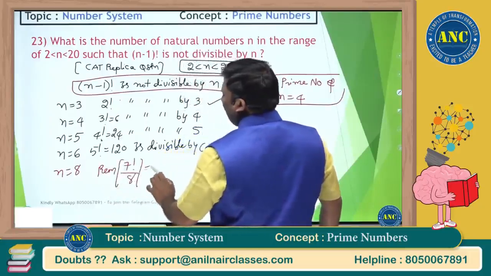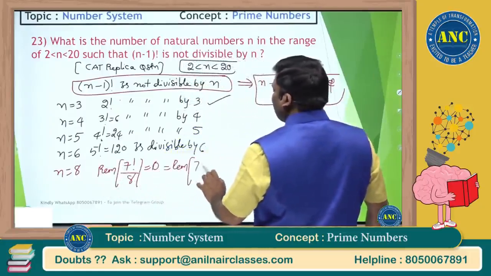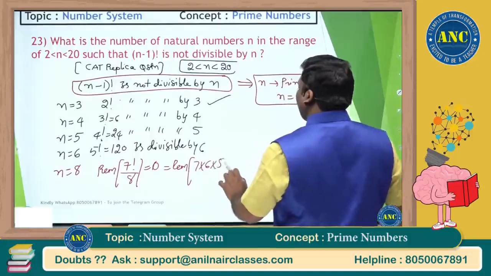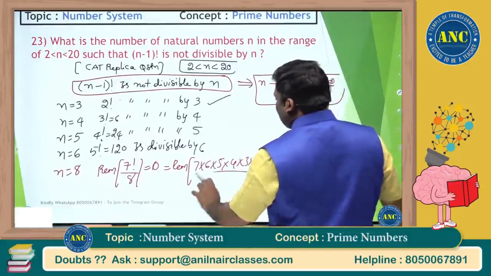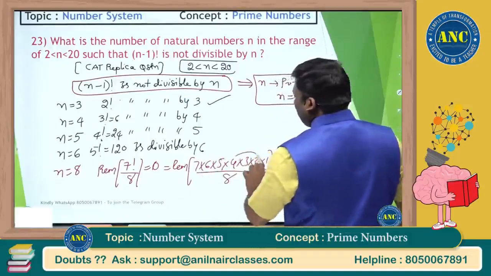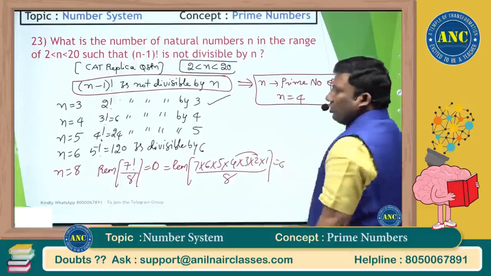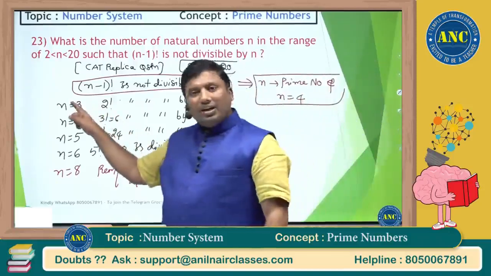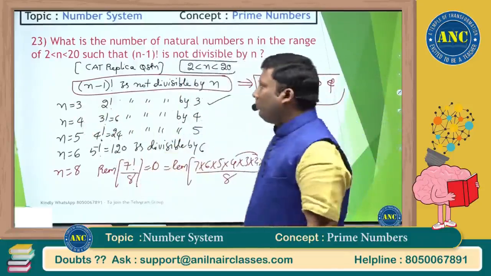Is it divisible by 8? Definitely yes. Why? Because 7 factorial is 7 into 6 into 5 into 4 into 3 into 2 into 1, and 4 into 2 is 8. So 8 is not possible. 3 is possible, 5 is possible, and the next prime numbers will be possible.